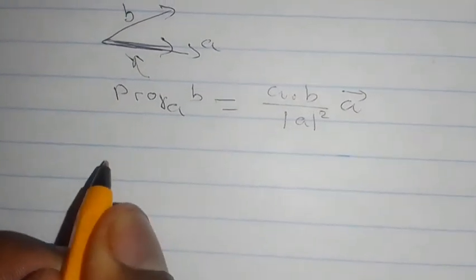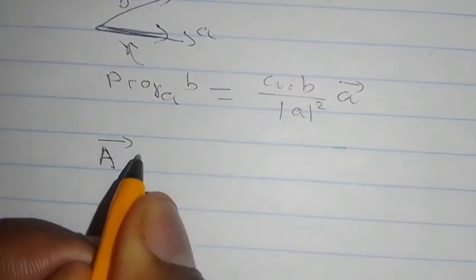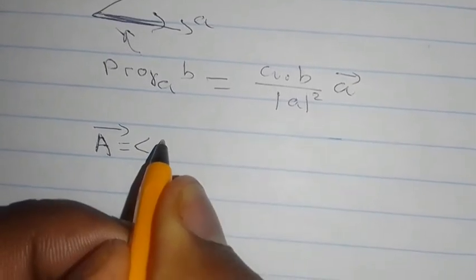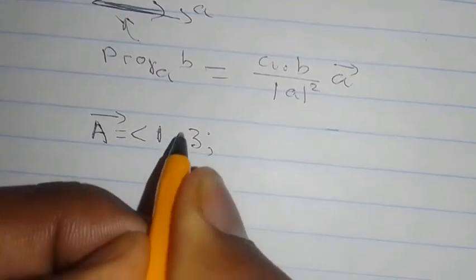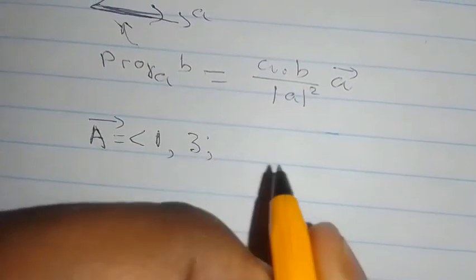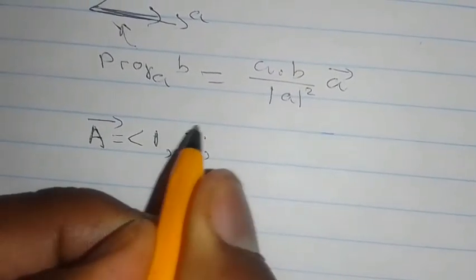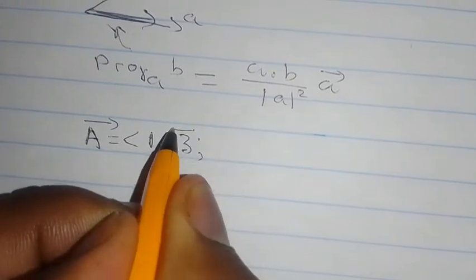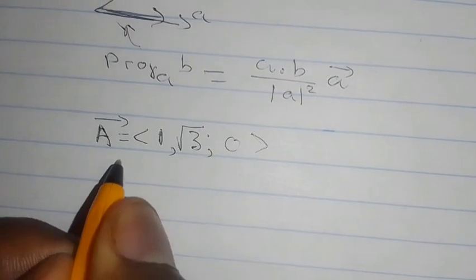Okay, now let's say I have vector A, and it's given in direction vector form. Let's say vector A is given by 1, root 3, 0.